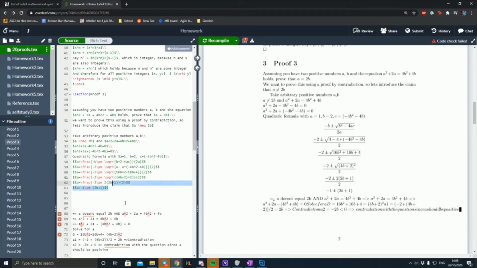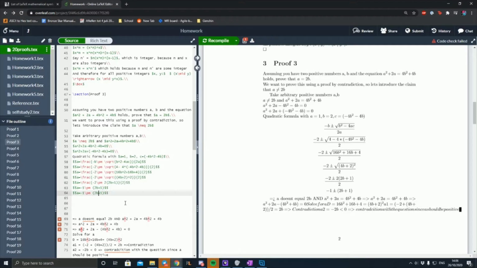Okay. So now we can say a1 equals to this plus this, or yeah, no, let's just do a comma. A2 equals to -1 minus 2b plus 1.